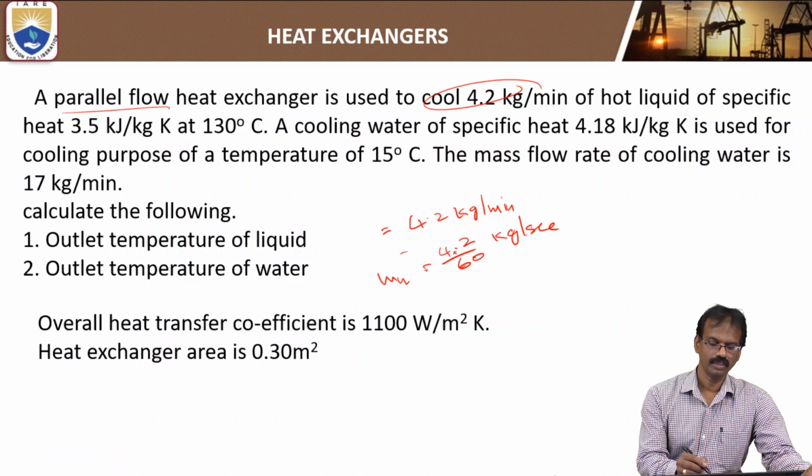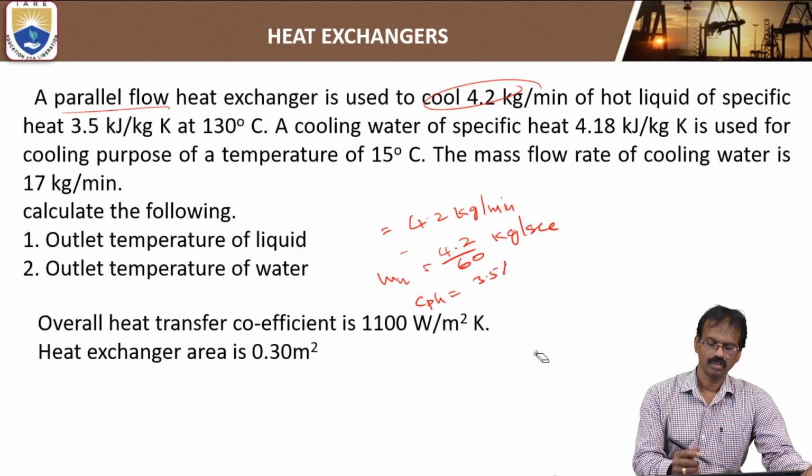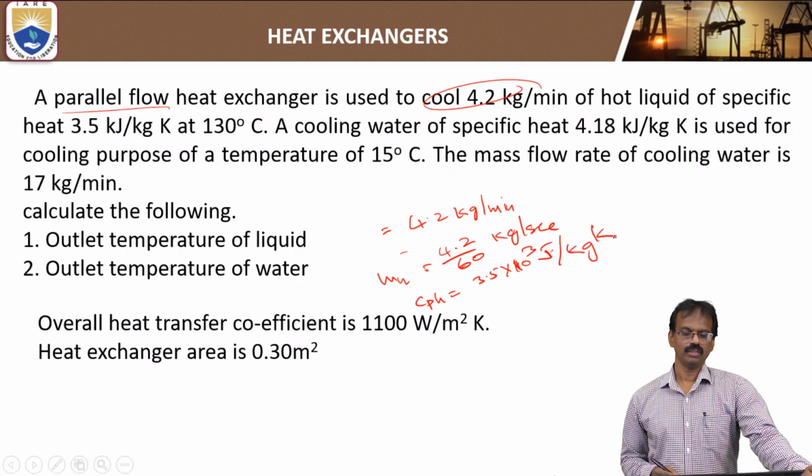This is the value. And the specific heat: Cph is equal to 3.5 kilojoule per kg Kelvin. So it means 3.5 into 10 cube joule per kg Kelvin. Okay.